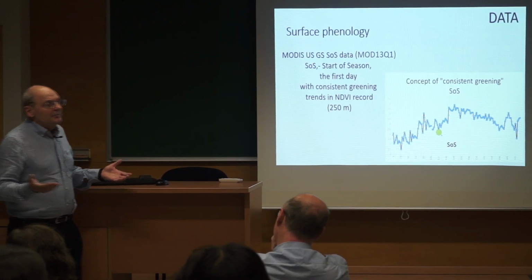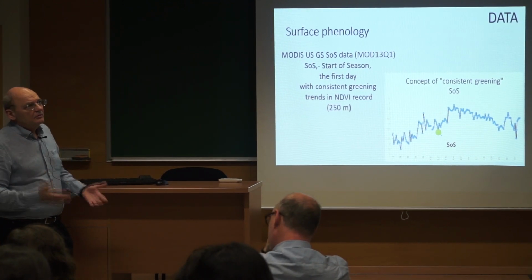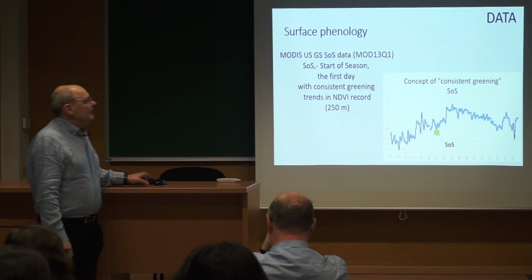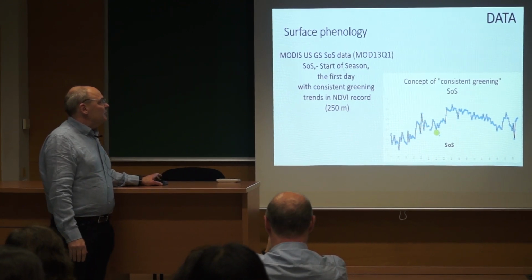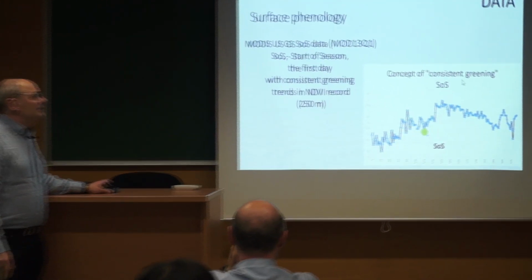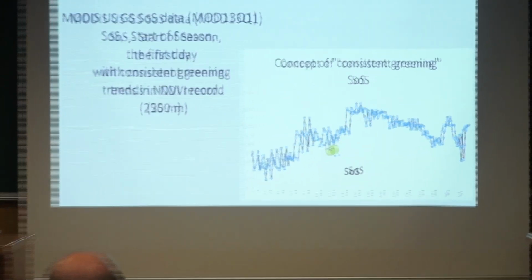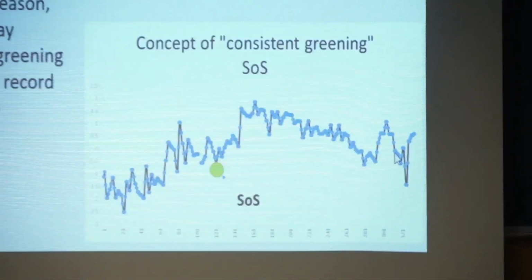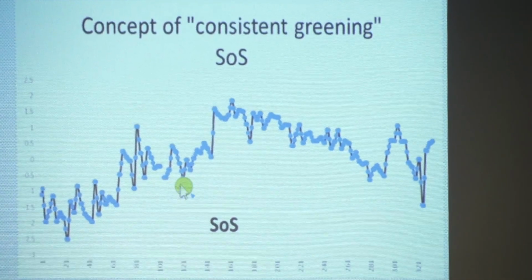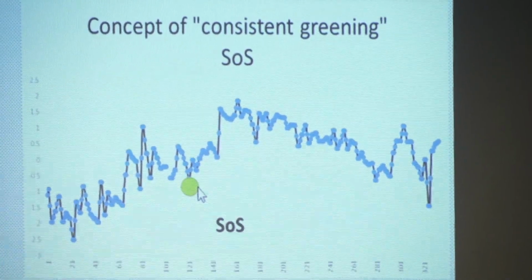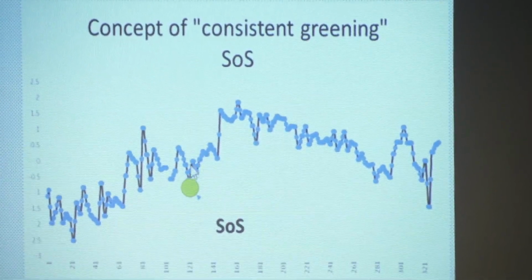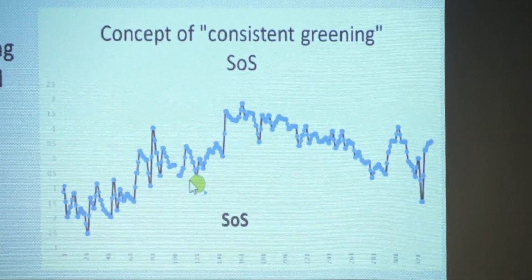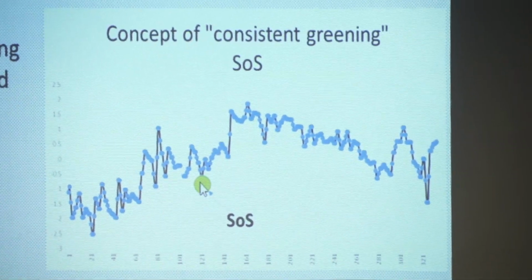Start of the season can be estimated by a number of different criteria, and here we use the USGS product where they apply consistent greening. So here is the illustration. Here are the seasonal changes in NDVI. It's not from MODIS, but it has more variability, and it shows this concept, I guess, better. Why is this point chosen as the start of the season?